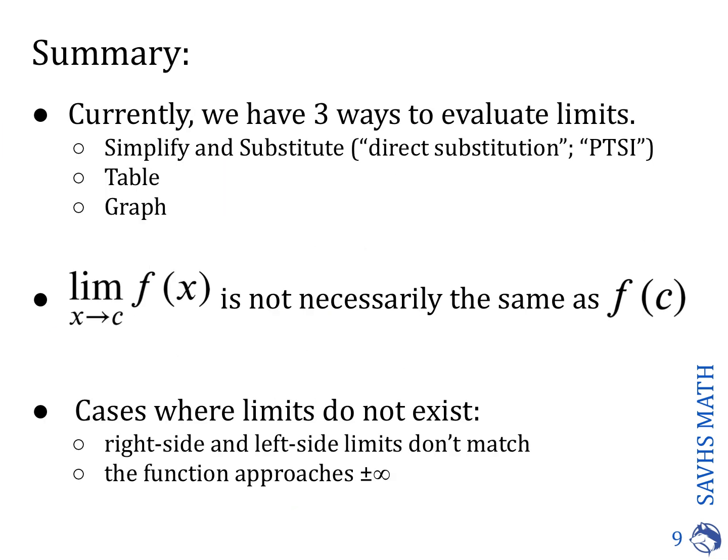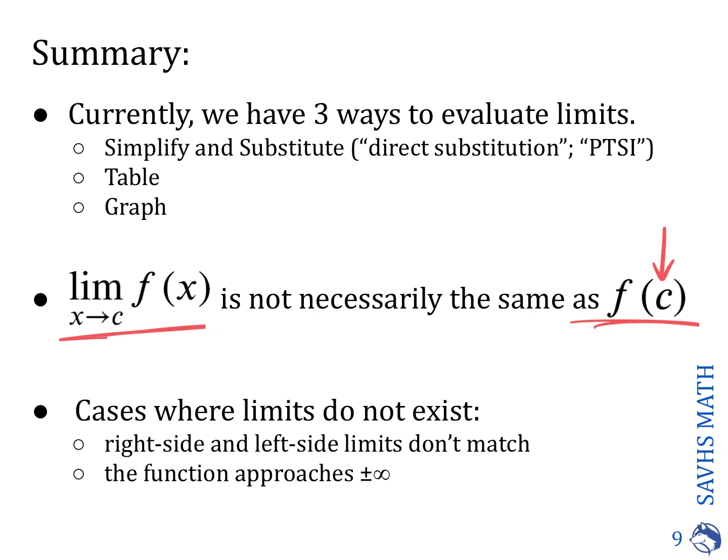I used this slide yesterday, but we didn't get to that third bullet point. The first bullet point is that we have those 3 ways to evaluate limits. We did some practice with that. We're going to do a couple more of that right at the end of the lesson here. We also talked about how the input of the function at a value does not necessarily mean the same thing as the limit. So that's what this sentence right here says.